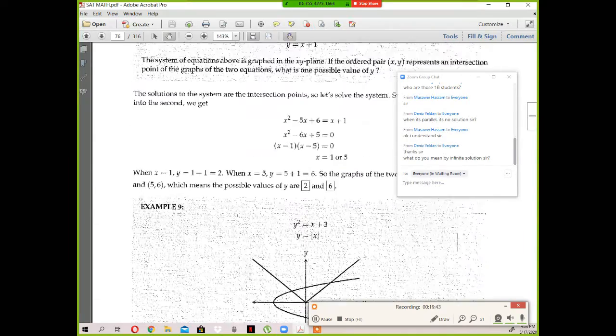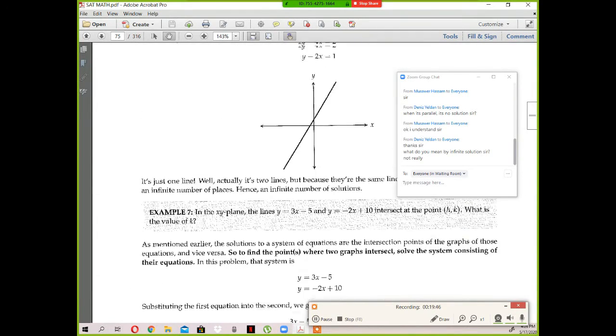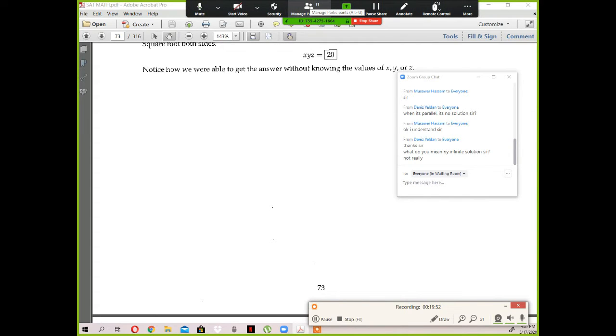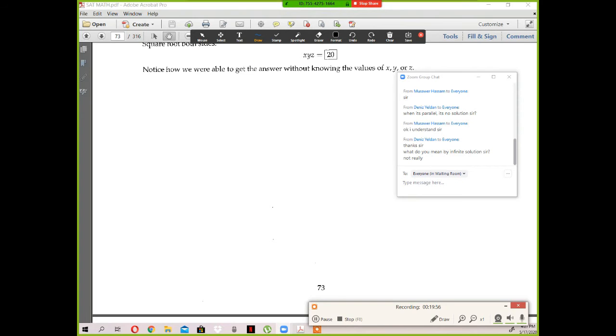Infinite number of solutions, I'm going to explain it again. Let me explain. Infinite number of solutions means that we have 2x, let's say, minus 5y is equal to 5, and 4x minus 10y is equal to 10. These two equations have an infinite number of solutions, meaning there are infinite x's and y's such that if I put them in, they will hold these equations.